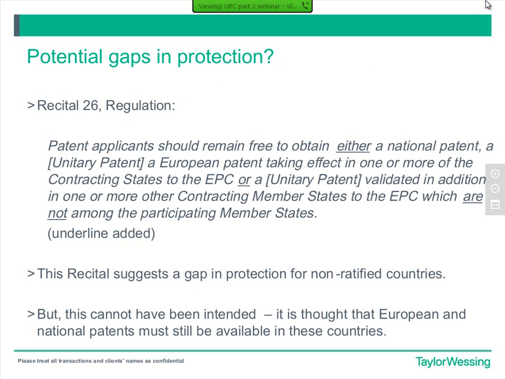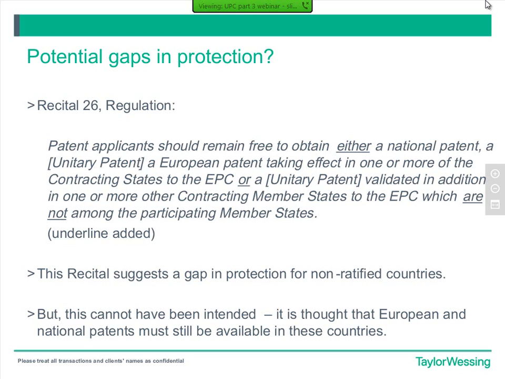This recital says here on the slide, patent applicants should remain free to obtain either a national patent, a European patent taking effect in one or more of the contracting states to the EPC, or a unitary patent validated in addition in one or more contracting member states to the EPC, which are not among the participating member states. So the problem with this wording is that we have here a list of three possibilities: national patent, European patent, unitary patent, etc.